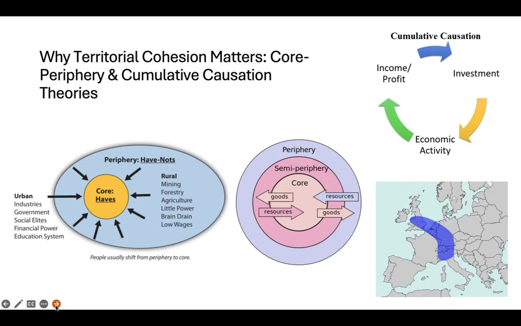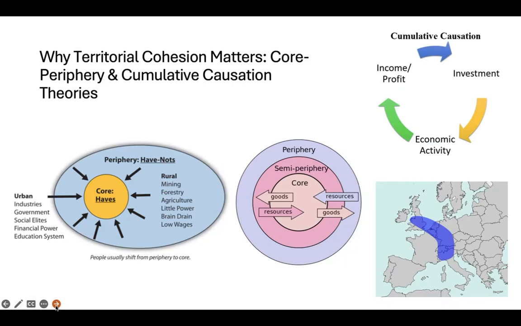So the core, as you can see, starts to accumulate or snowball and starts to bring in aspects of the periphery through that backwash. Now, what can happen is, of course, the opposite then occurs in peripheral areas where they experience that vicious cycle of disinvestment and brain drain, in particular, the loss of talented young people. And that can exacerbate the inequalities.